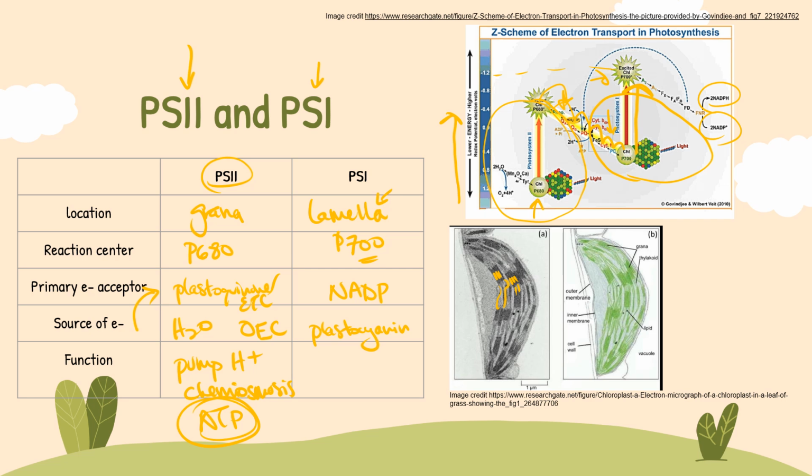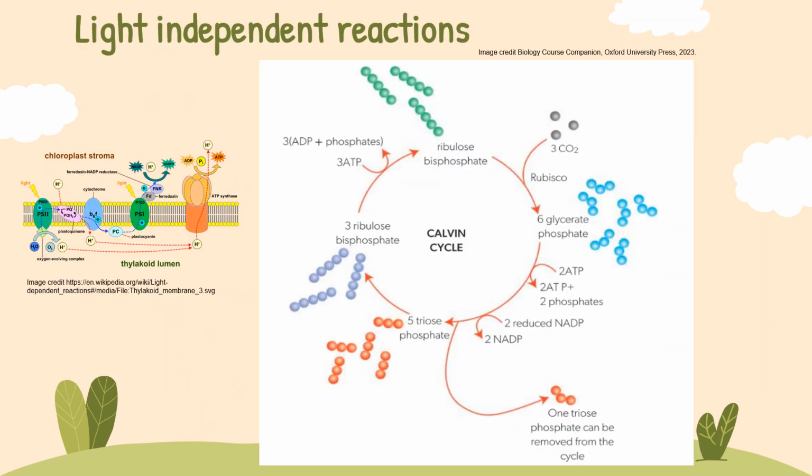The job of PS1, photosystem 1, is to reduce that NADP to reduced NADP. We can also call it NADPH, which also is needed to make the glucose in the light-independent reactions.